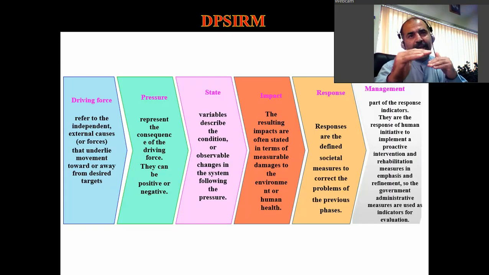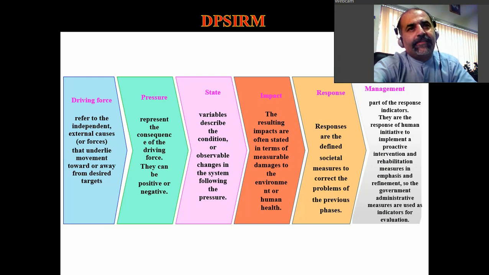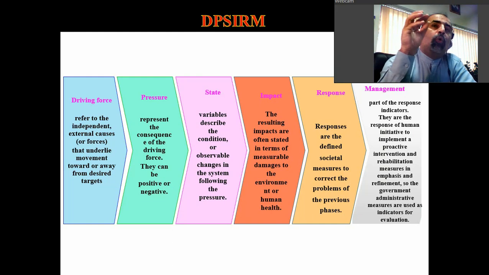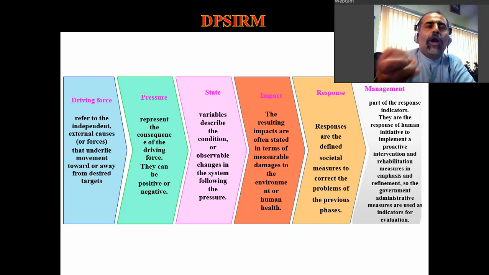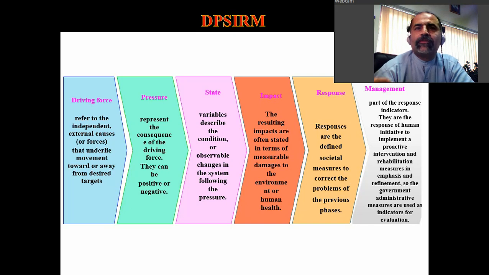And under each index, you will find some important criteria based on which you would be able to quantitatively define driving force, pressure, state, impact, response, and management.